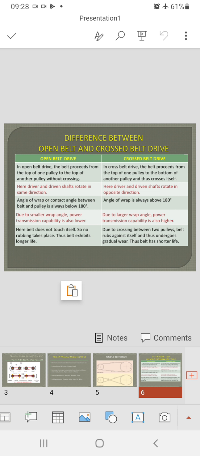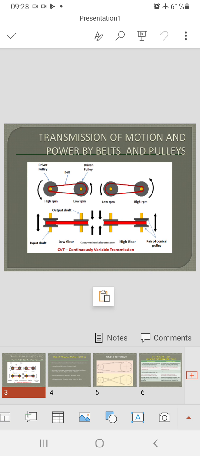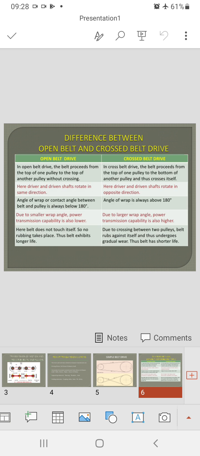Here, the belt does not touch itself, so no rubbing takes place and the belt exhibits longer life. But in the cross belt drive, due to the cross and rubbing between the belts, the longevity is lower than the other one.